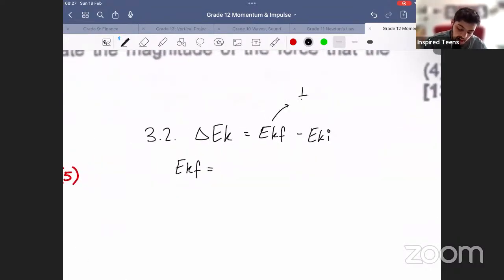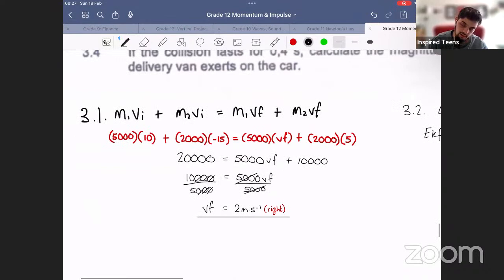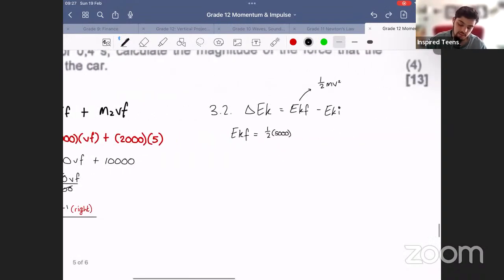Formula for EK is half mv squared. So we can calculate the EK because we know the velocity as well as the mass, of course. So I'm going to do it for the 5,000 kilogram van. Remember, the 5,000 kilogram van's final velocity is 2 meters per second.